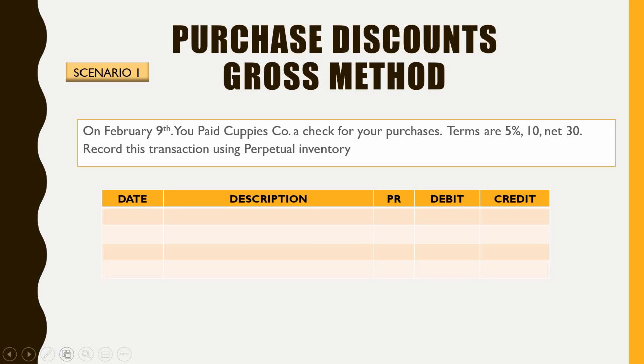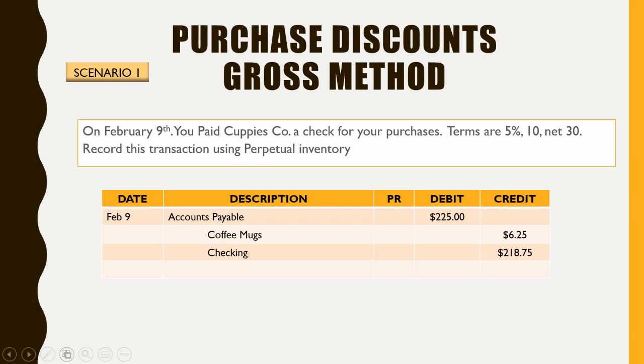You're going to debit your accounts payable and credit your coffee mugs. Correct, you're going to decrease it for the 5%. And what is my 5% going to be? $6.25. Yes.